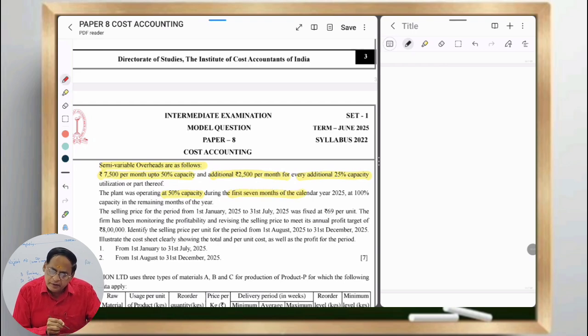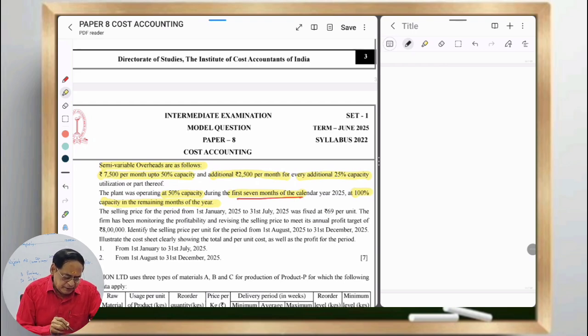So, for example, first 7 months means January, February, March, April, May, June, July, up to July, because it is a calendar year. So, August, September, October, November, December, the remaining 5 months they are manufacturing 100%. So, 100% capacity in the remaining 5 months.